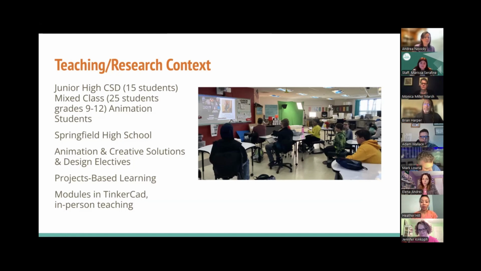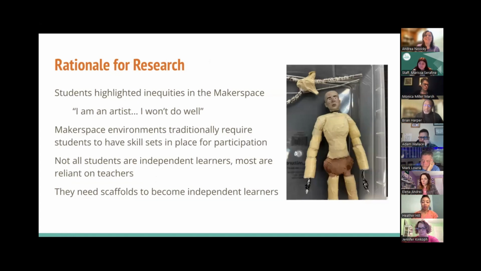In the context of our research, we were looking at how schools do makerspaces. Traditionally, a lot of schools that have makerspaces have just an open space that students come to use at their leisure, or that a teacher can check out and bring students to as a lab environment to complete an activity.